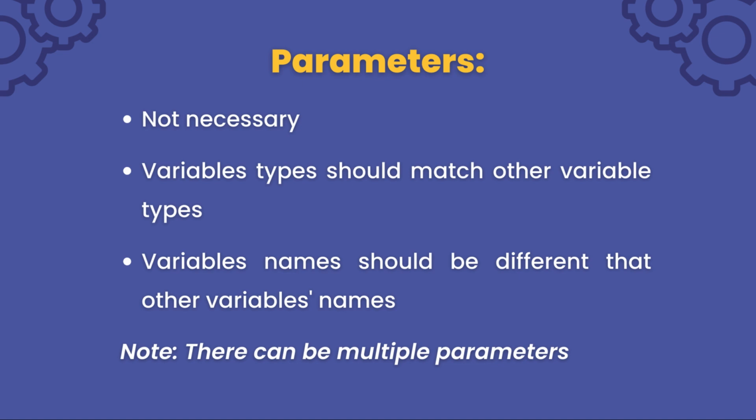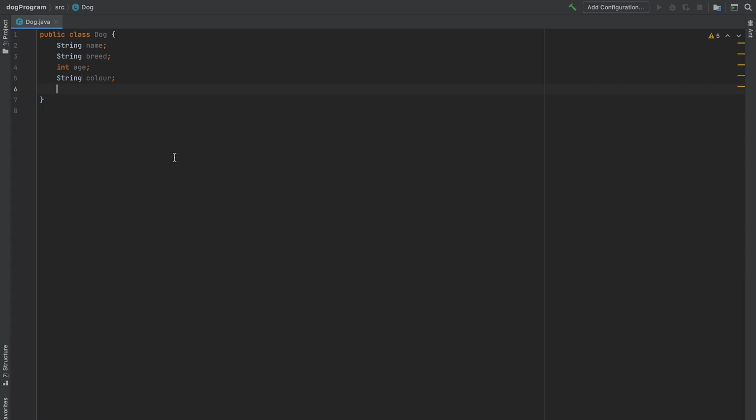Now, let's use constructors in the dog class example. Constructors, just like many other concepts in programming, make more sense once you see an example of them. Following the example of the dog class from the last video, we will now create a constructor in this class.